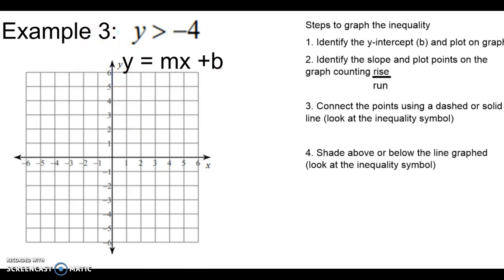And then we're going to go ahead and plot a point at -4 on our y-intercept. Oh no, it's not letting me switch. My computer's kind of frozen. All right, it's working again. So, like I said, we're going to make a point at -4 on our y-intercept.